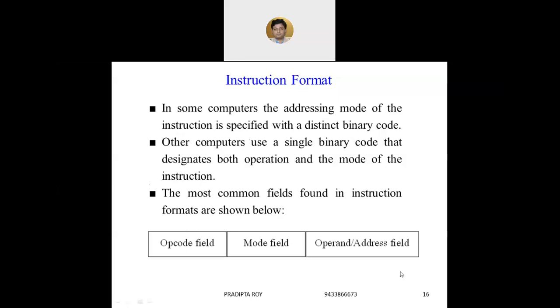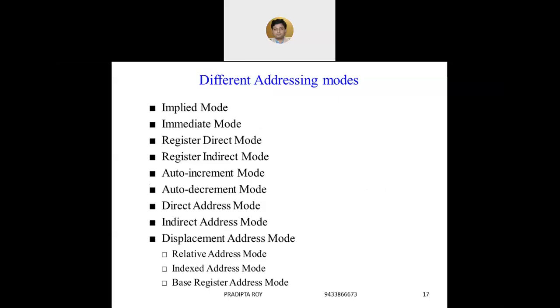Now, the mode field has a very specific task. It signifies the addressing mode, and based on that, the different addressing modes are executed, and eventually the effective address is considered for the operand.